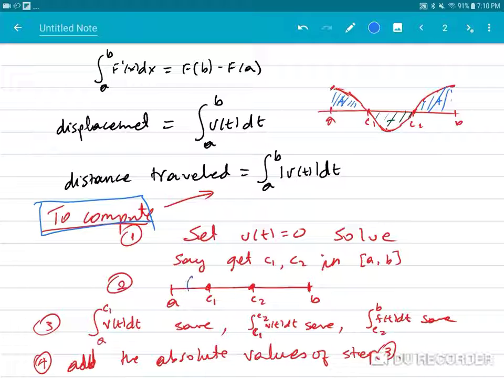Then integrate, put in absolute values, add. That's how you in practice compute the integral of the absolute value of v of t. All right, in the next videos I will do examples.